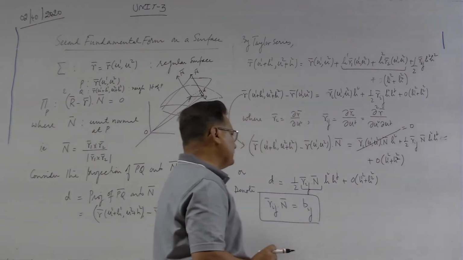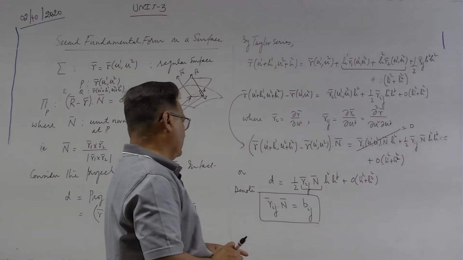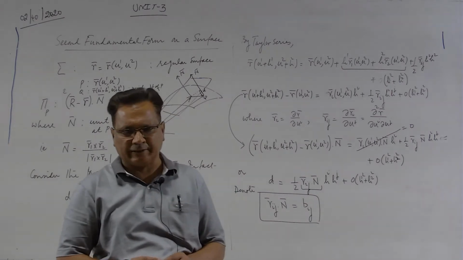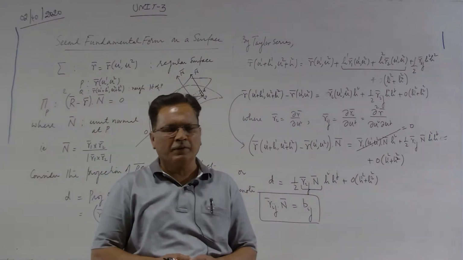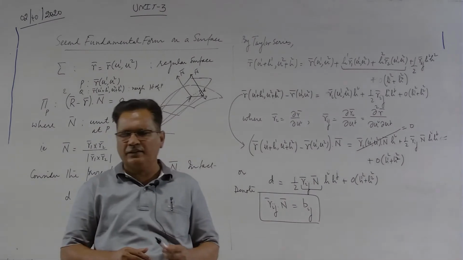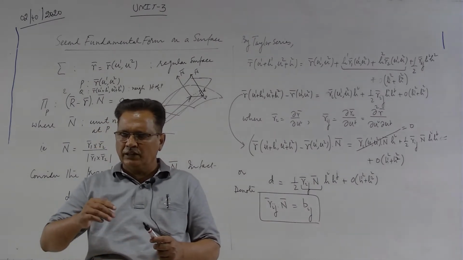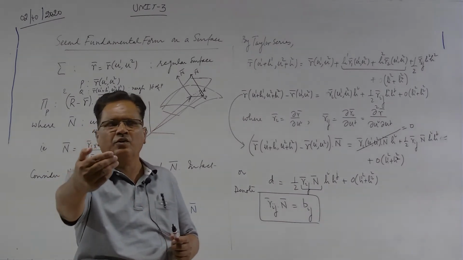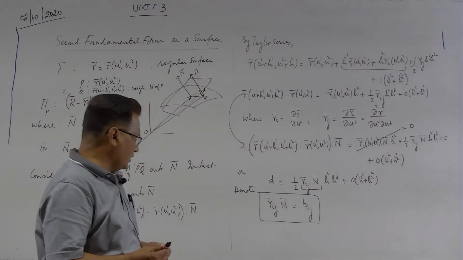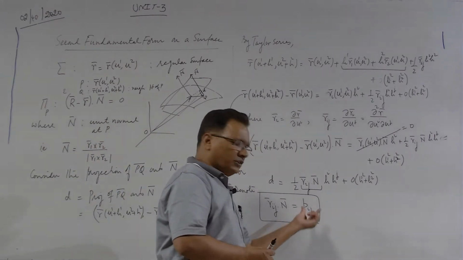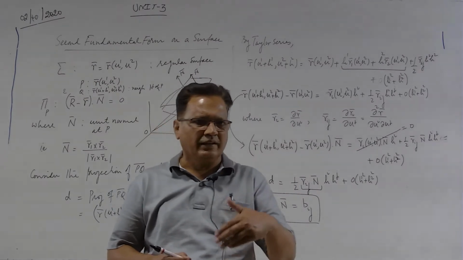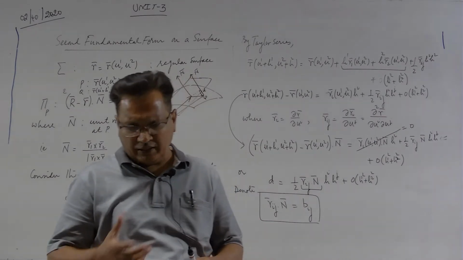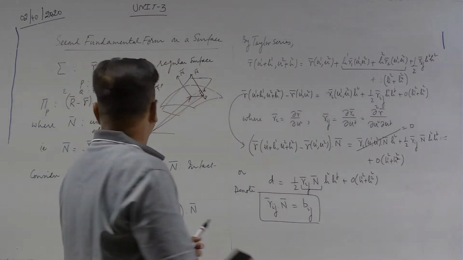What we see is that the bentness is basically depending on these quantities b_ij's, or geometrically speaking the deviation of the surface from the tangent plane depends on the projection of the second order derivative of r onto n. So, we must concentrate on these quantities. These quantities seem to be responsible for telling you the deviation of the surface from the tangent plane. In other words, it gives you the measure of bentness of the surface.